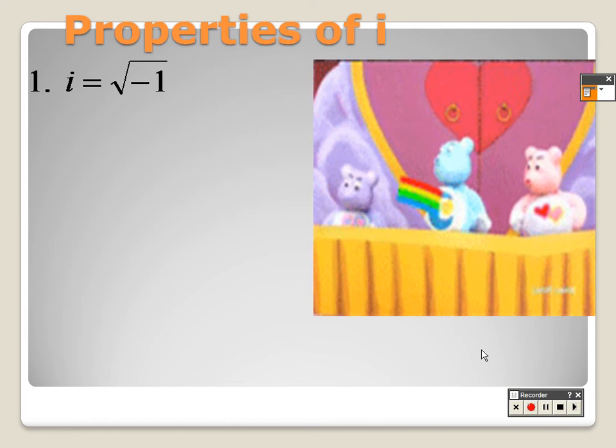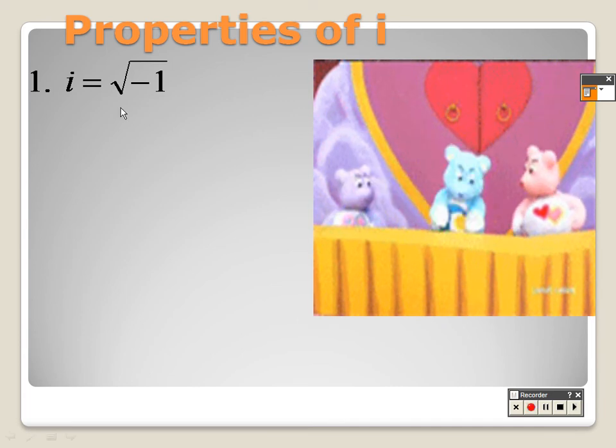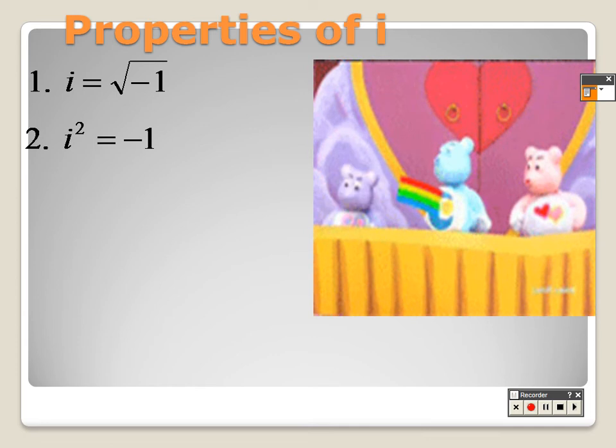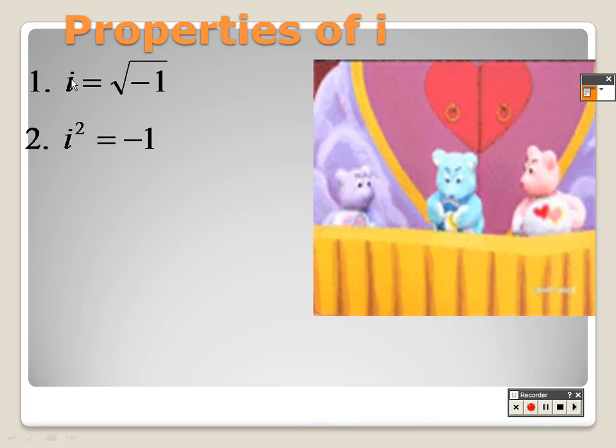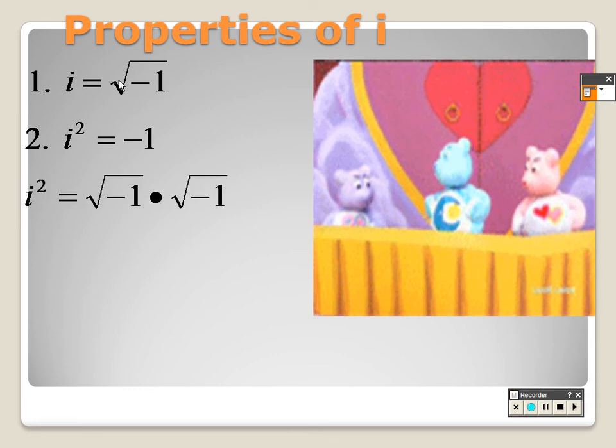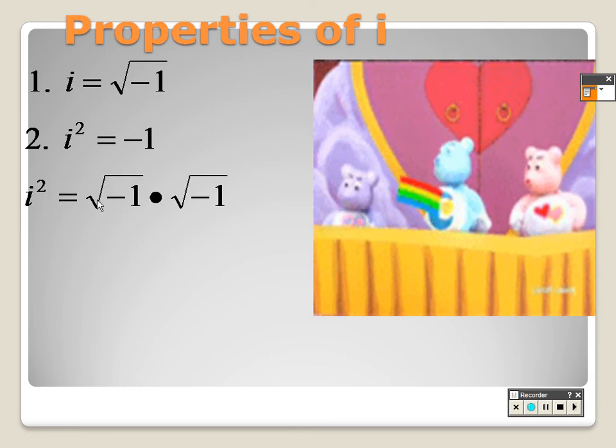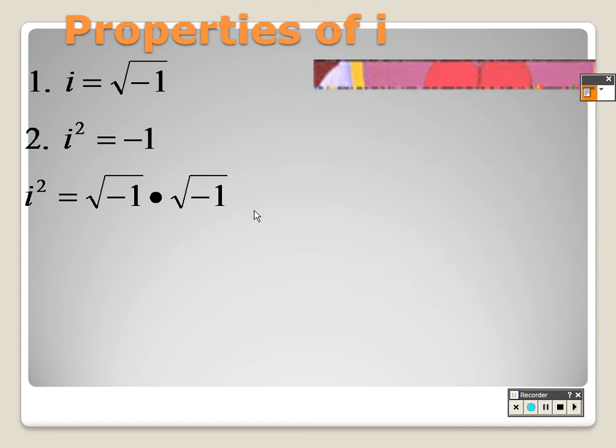So properties, just something for you to remember. Properties with i, with imaginary numbers, is that i is the square root of -1. i squared is equal to -1. The reason being is i squared is like saying i times i, and that's like saying the square root of -1 times the square root of -1.